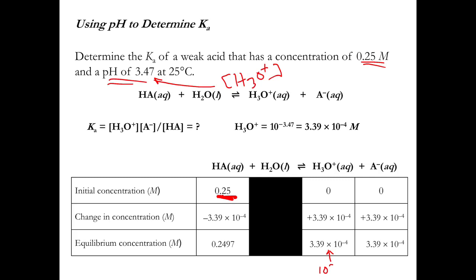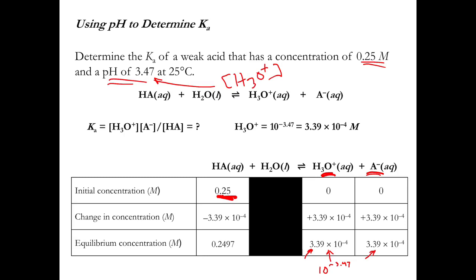So this is 10 to the minus 3.47. And I just did the calculation to turn that into proper scientific notation. Now, because we know that for every molarity of H3O plus at equilibrium we have the same molarity of A minus, if we know this number at equilibrium, this one has to be the same thing.